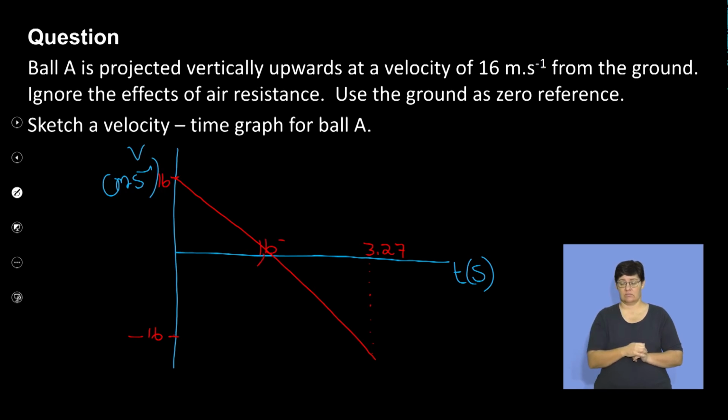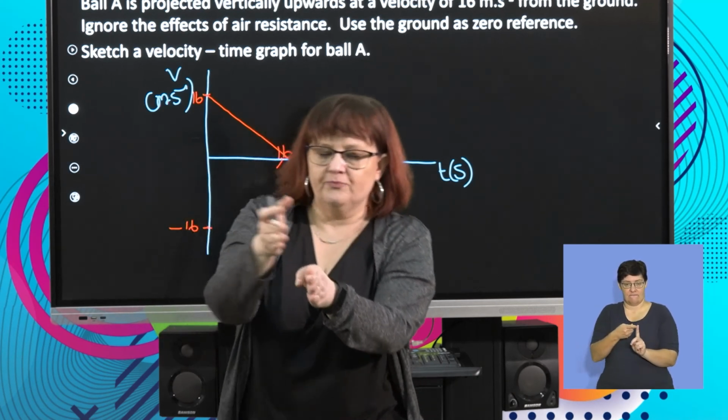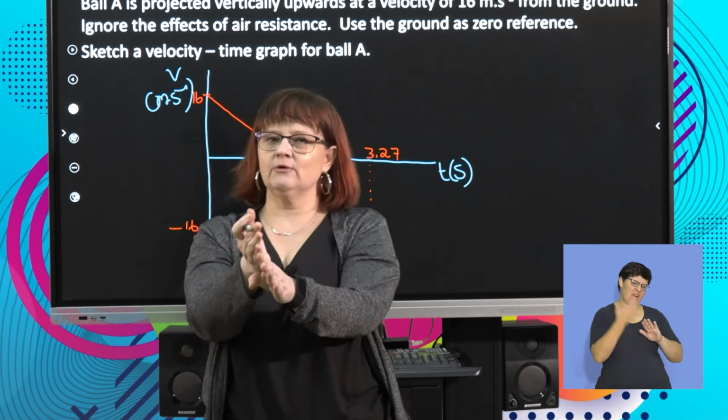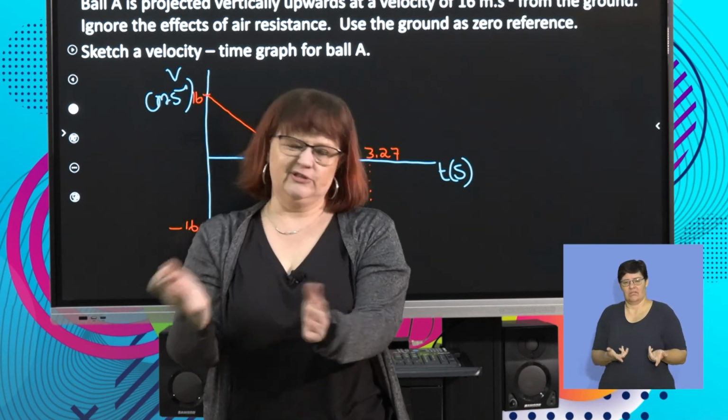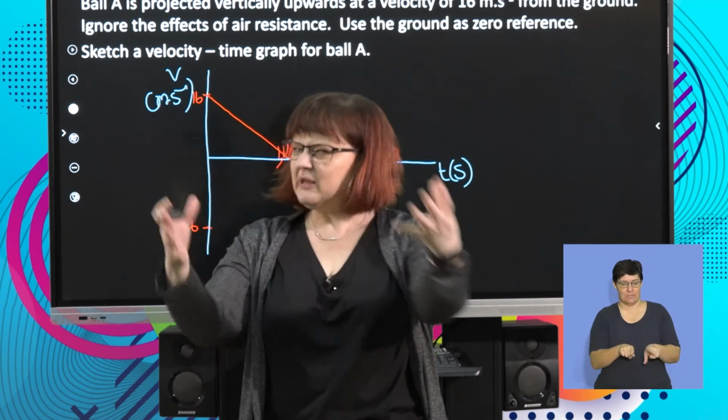When I put the 1,635, I have to keep all 3 of those decimals now, because it's exactly halfway. I can't round it off, because then what we're saying is that it's just a little slower to get up than it is to get down, which isn't true. It's the same to go up, same to come down. So just be careful with that one.